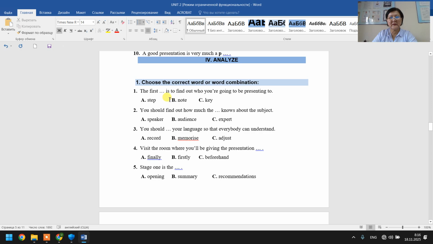In the following case, for example, the first is to find out who you are going to be presenting to. Given 3 answers, A, B, C: step, note, key. The right answer here should be the step. The first step is to find out who you are going to be presenting to.